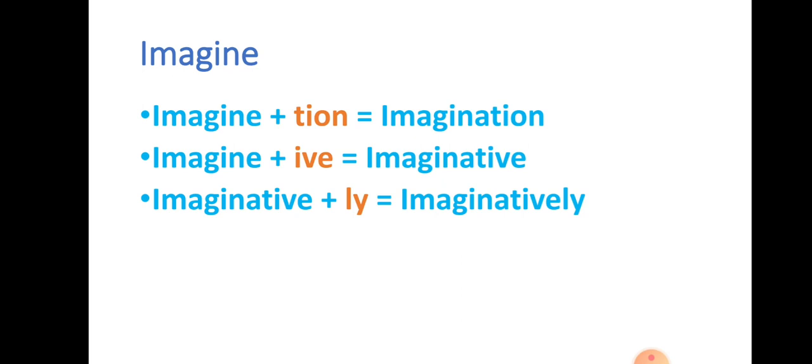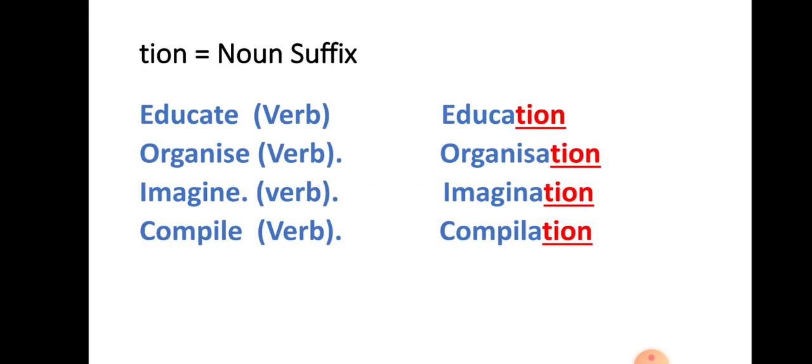Now when imagine is joined with ive, it becomes an adjective, imaginative. And then ly is an adverbial suffix. Imaginatively is an adverb. So I want you to concentrate on suffixes and learn as many suffixes as possible, because suffixes will help you understand the parts of speech or the grammatical category of the words.